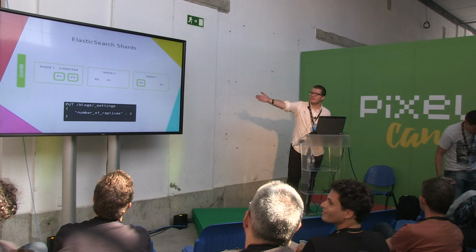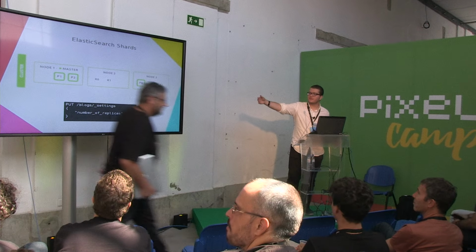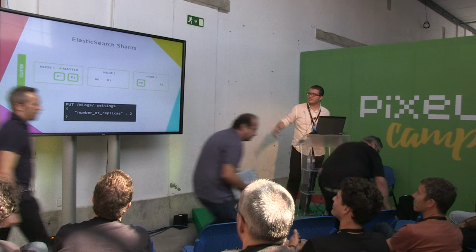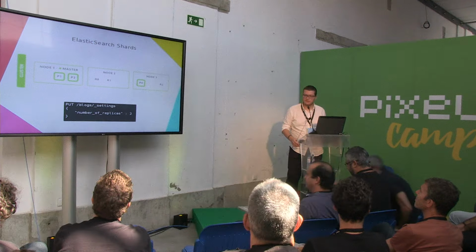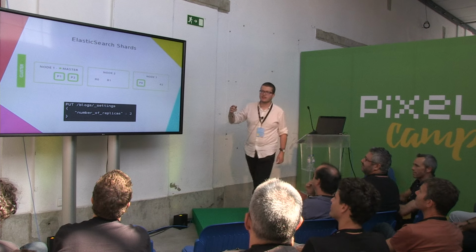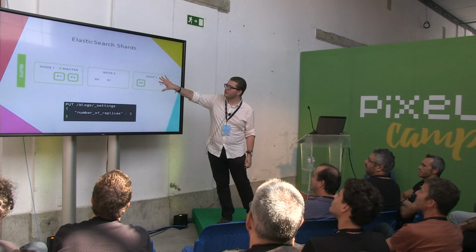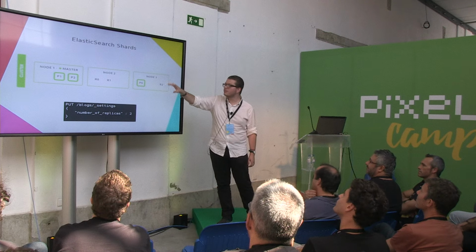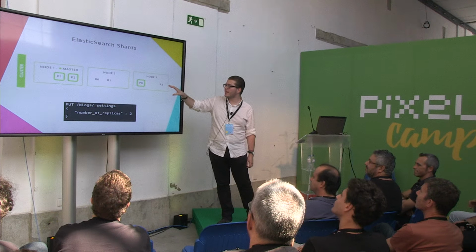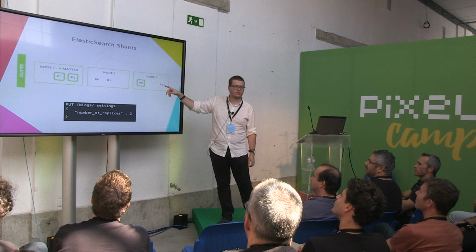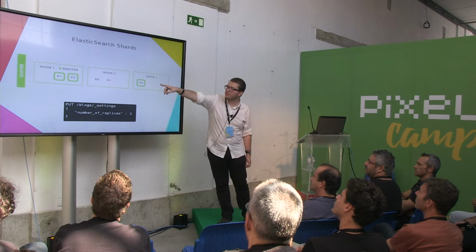You can change the number of options of Elasticsearch, and you also have this kind of diagram. These are the shards. Here, the Elasticsearch deployment has 3 nodes, and every node can have the content. For example, this is a replica 2, and then you have the primary 2 on the other one.